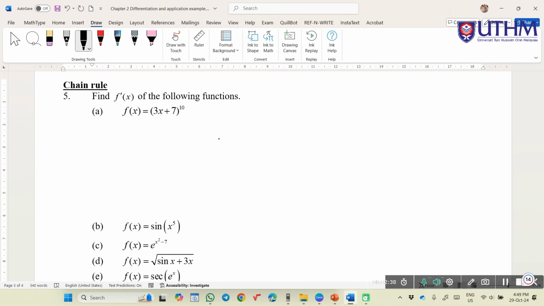For this example, we can change it to u power of 10, where u now is 3x plus 7.